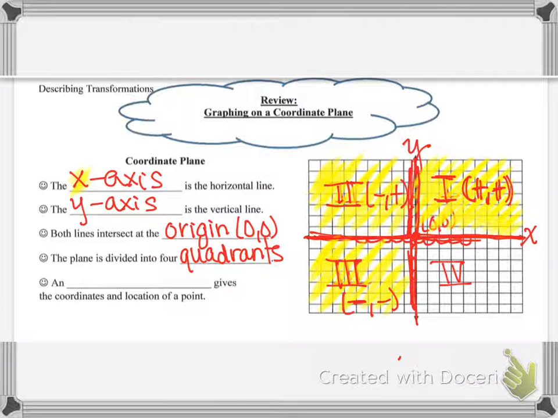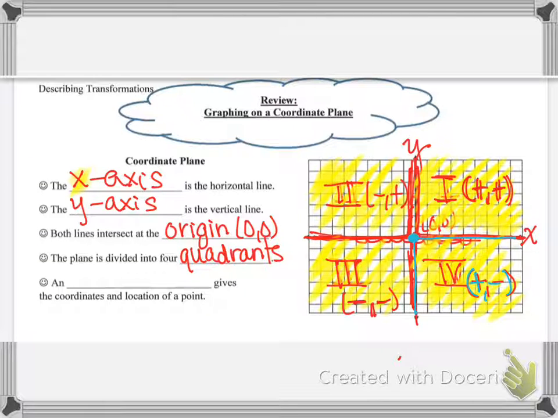And in quadrant 4, you would have to be a positive, negative, because if we start here at the origin and we're moving in this direction, that's positive, but then we'd have to go down and that's a negative, therefore giving us a positive, negative.